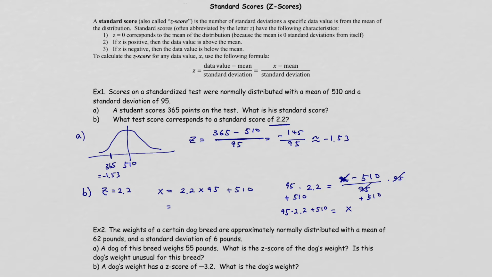And that's the same as this one, right? And you're going to get 719. So a test score of 719 corresponds to a standard score of 2.2. That's what we can figure out from example 1 using the z-score formula.